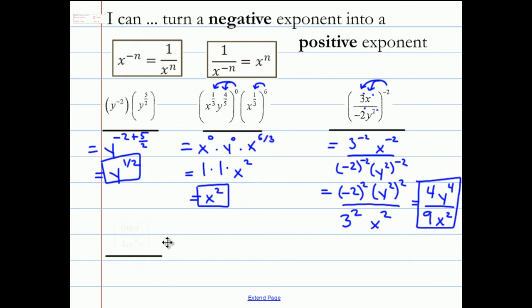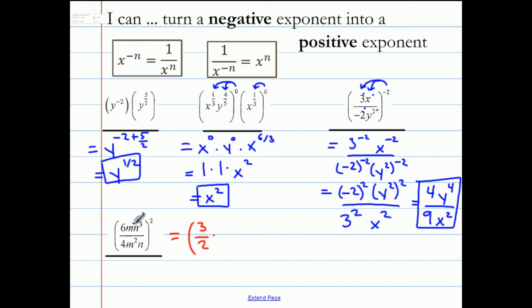One last example here, 6mn cubed divided by 4m squared n. It might be a good idea to simplify the things underneath within the bracket. You can simplify 6 over 4 to be 3 over 2.